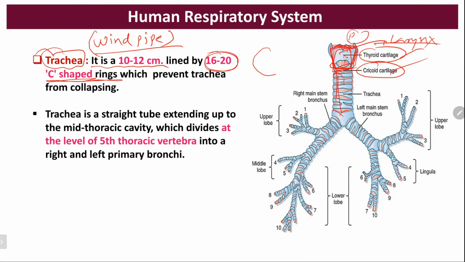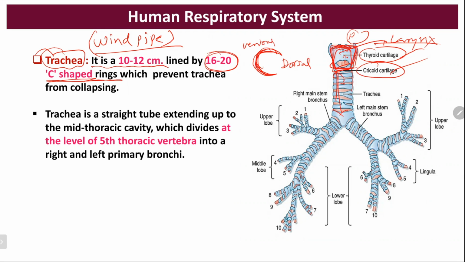These cartilaginous rings are incomplete. And for your kind information, these are incomplete on the dorsal side. Dorsal side means back side, right? So ventrally, these are complete, but dorsally, these are not complete.